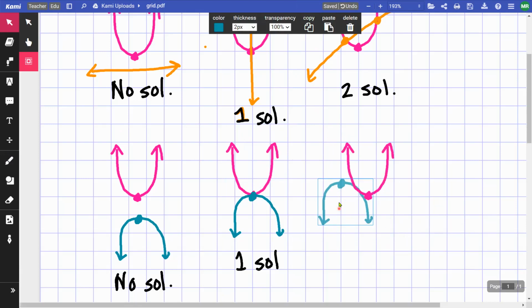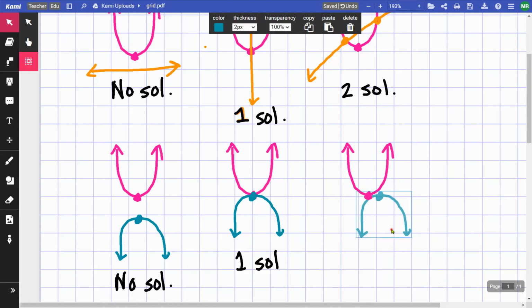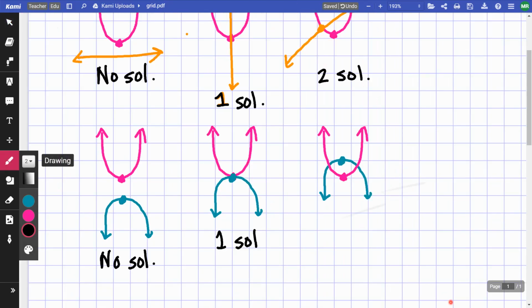And maybe anywhere that I'm moving it here, okay, I'll just put it like this just to make it more basic. You see that it crosses in 2 spots, okay? But you can see as I'm moving this around, I could have across none, I could have across 1, I could have across 2 as I'm moving it around in different spots. I'm just going to put it like this. And I get 2 solutions.